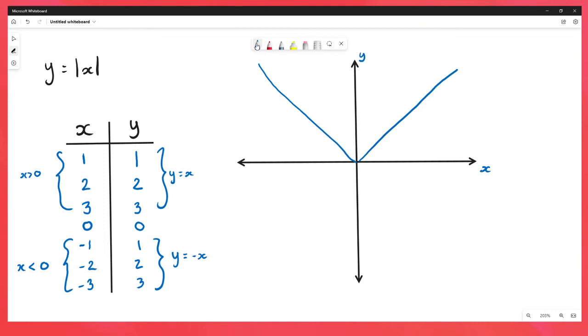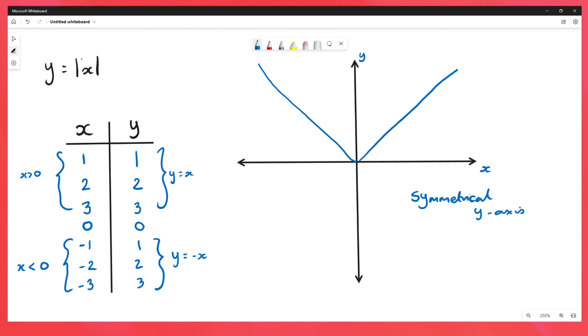Now, a couple of points. It is symmetrical. In this case, it's symmetrical about the y-axis. The gradient of this line is the same as the gradient of this line, but negative. In this case, they're both 1.